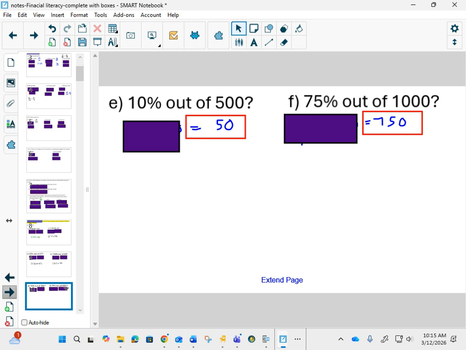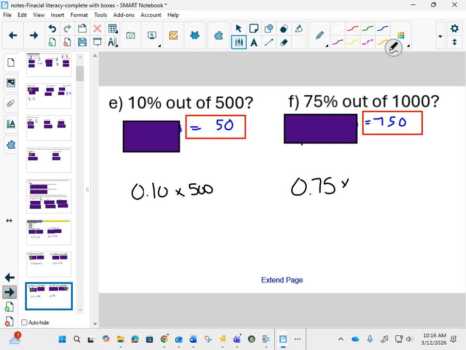How did I get them? Well, 10% as a decimal is 0.1 or 0.10. And then I would times that by 500 on my calculator and get 50. 75% as a decimal, 0.75. I would times that by 1,000, and what do I get? 750.